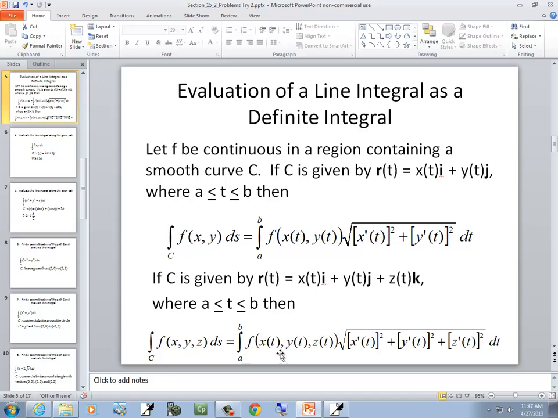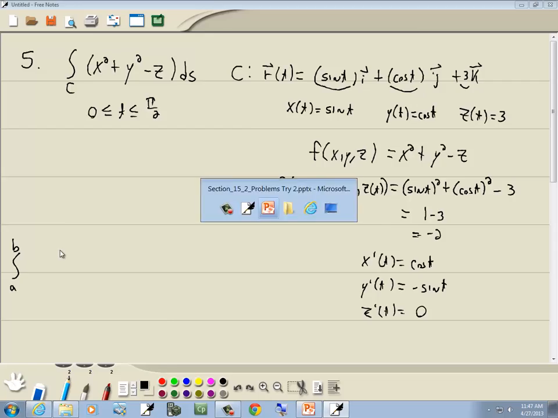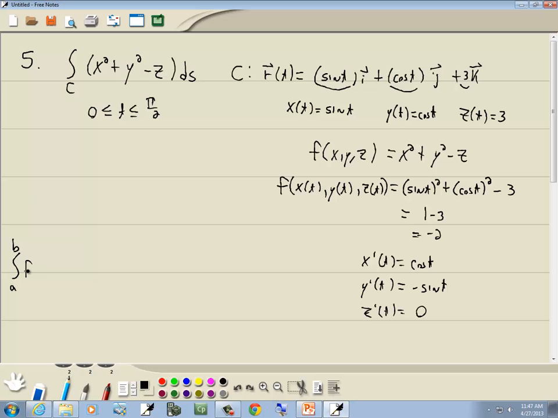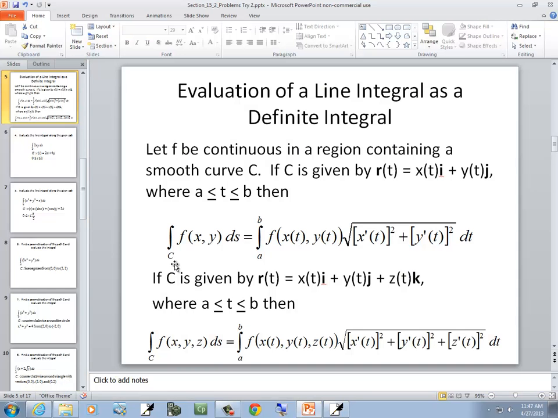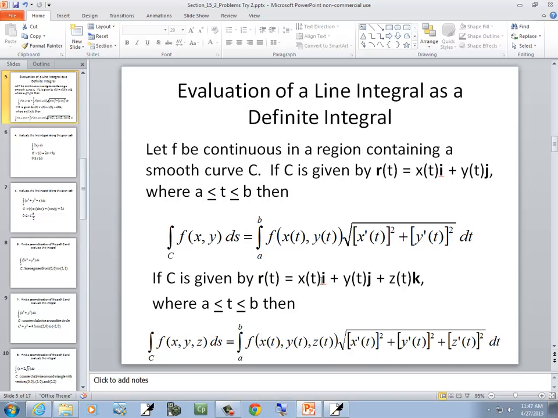So now we're ready to plug in our formula. Our formula says from a to b of f of x of t, y of t, z of t times the square root of x prime of t squared plus y prime of t squared plus z prime of t squared dt.